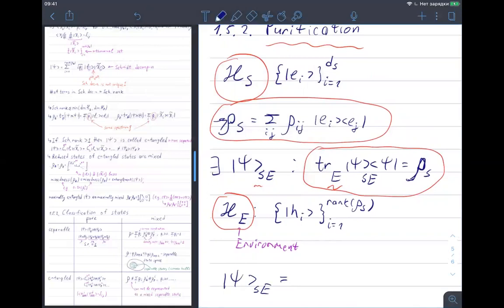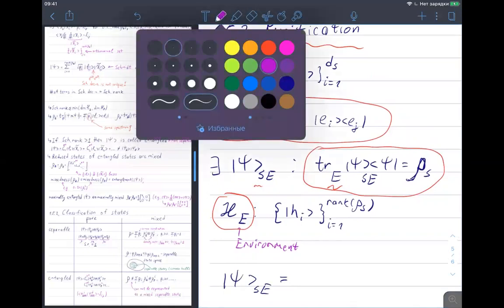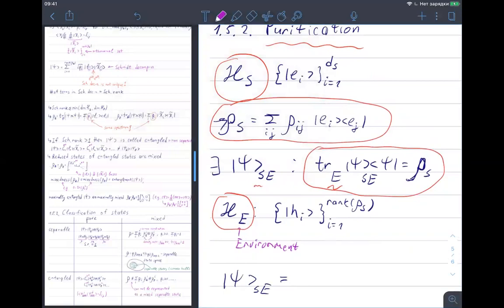Any ideas how we can construct this state?